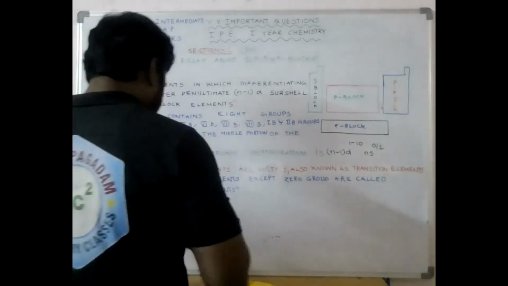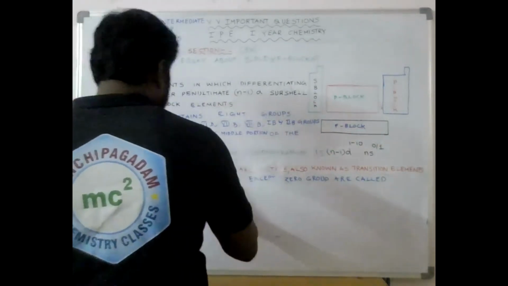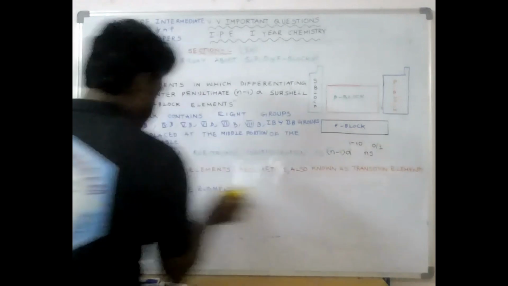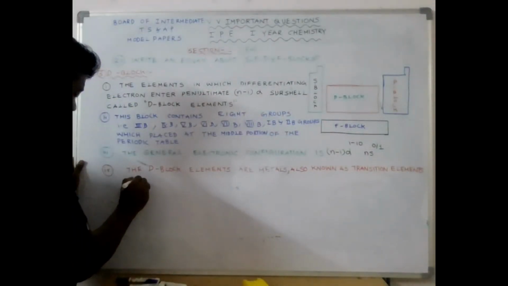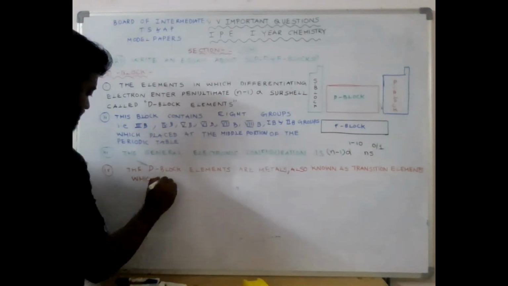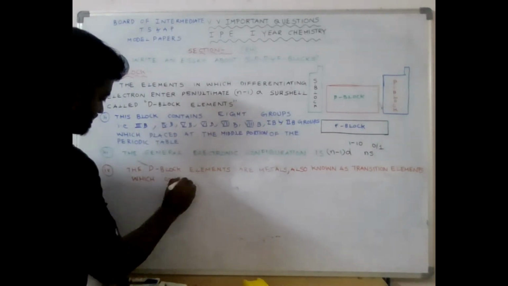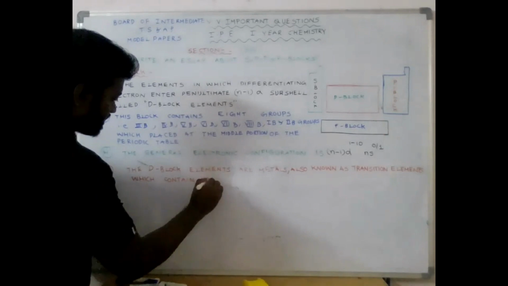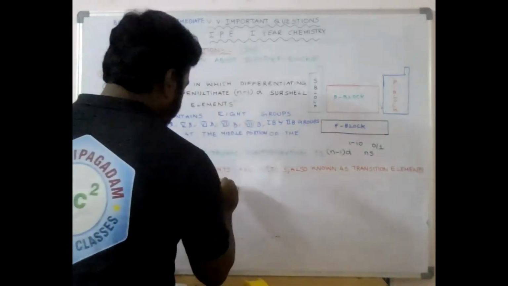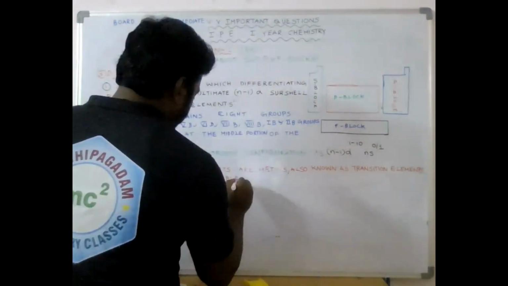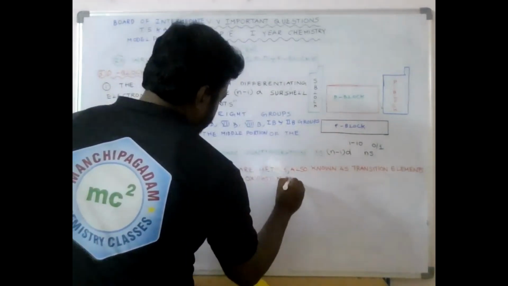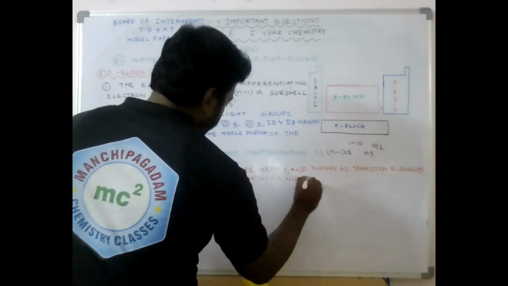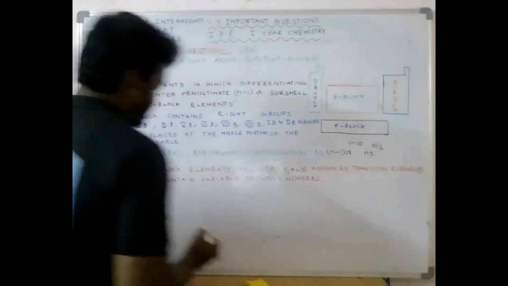One more point you can include here: transition elements contain variable oxidation numbers.